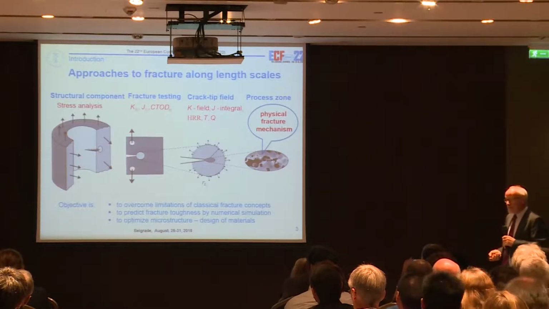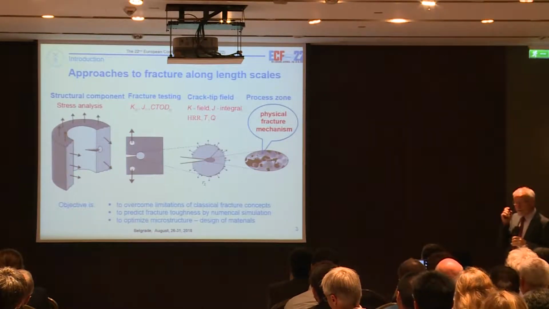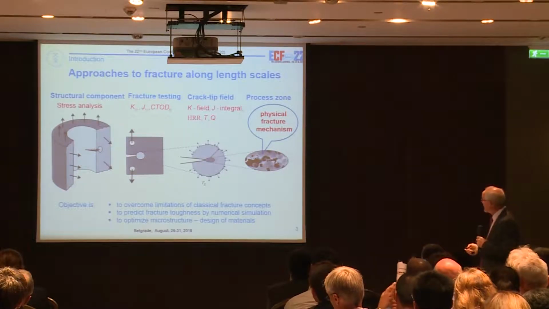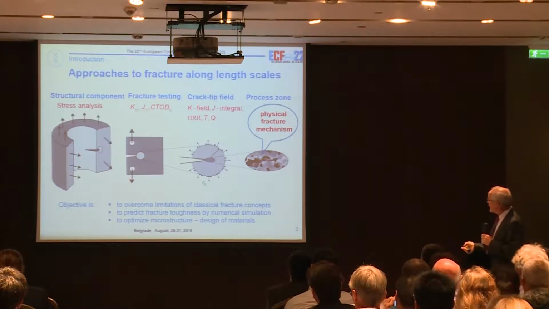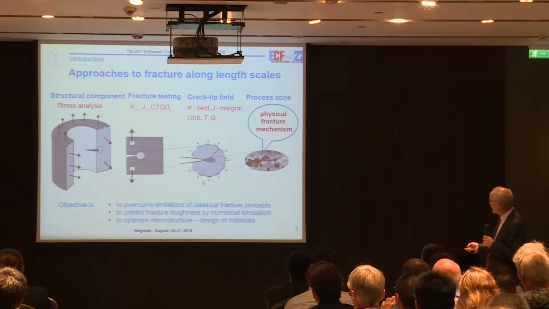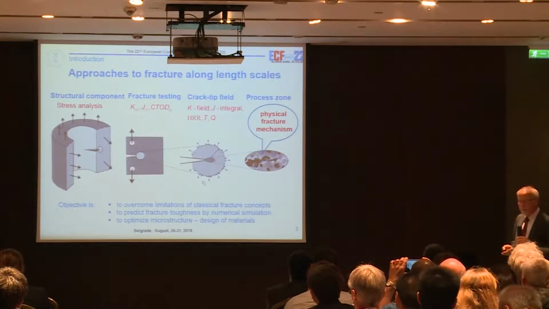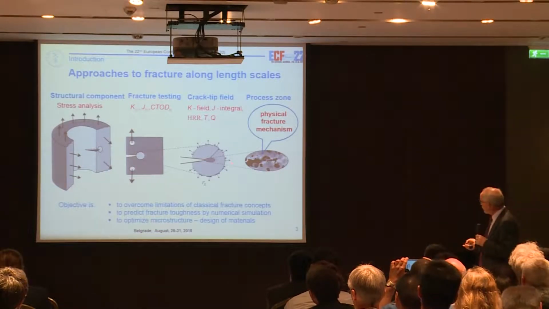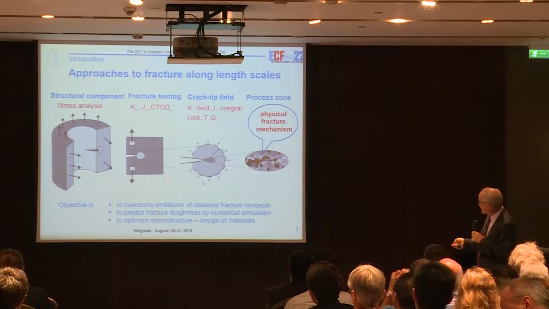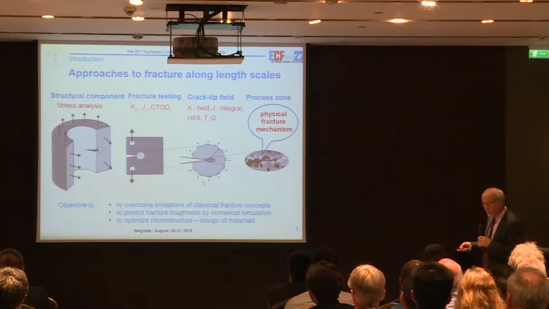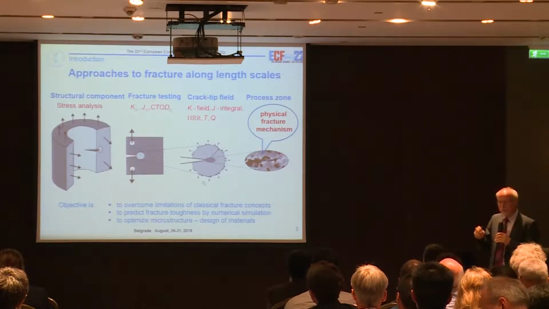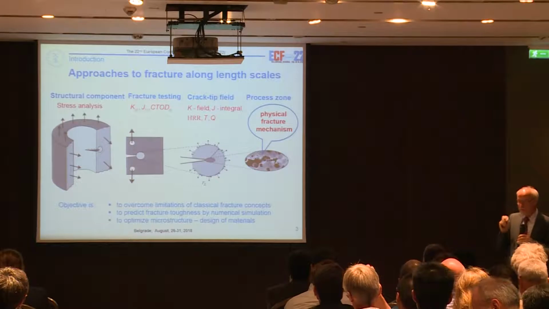Now, the underlying concept of all this is that there exist near-tip fields at a crack. For instance, the K field zone or the HRR field in plasticity, T and Q stresses, which control the stress and strain behavior of the very crack tip where the fracture process happens in the material.